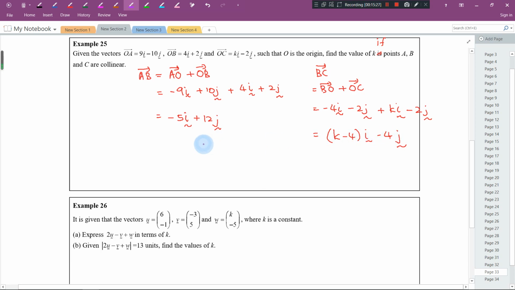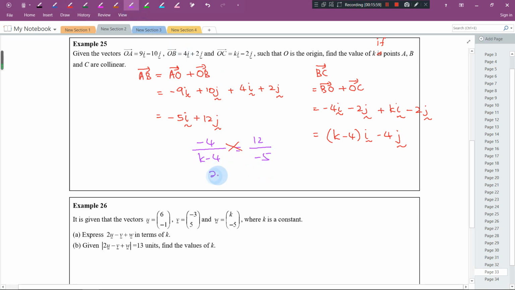Before you do it this way, make sure that you arrange the i and j nicely. Negative 4 divided by k minus 4 is equal to 12 divided by negative 5. Next, just get the value of k. How about we do cross multiplication.